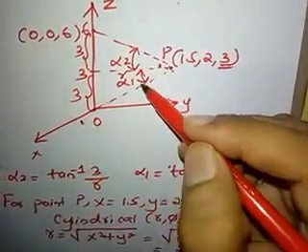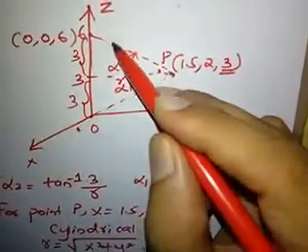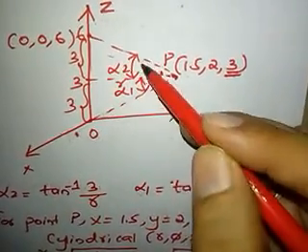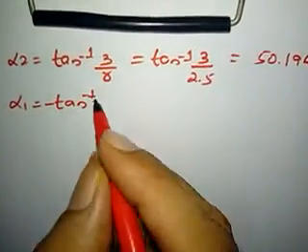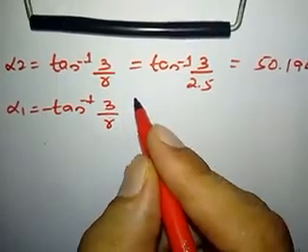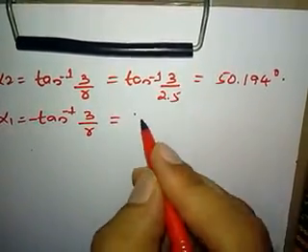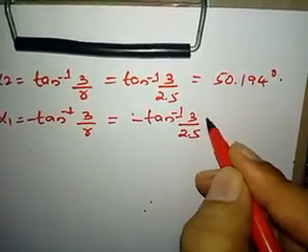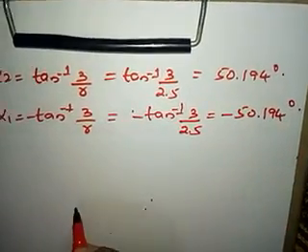That is why here we have to consider alpha 1 as minus tan inverse 3 by r. So this comes out to minus tan inverse 3 divided by 2.5, which is minus 50.194 degrees.